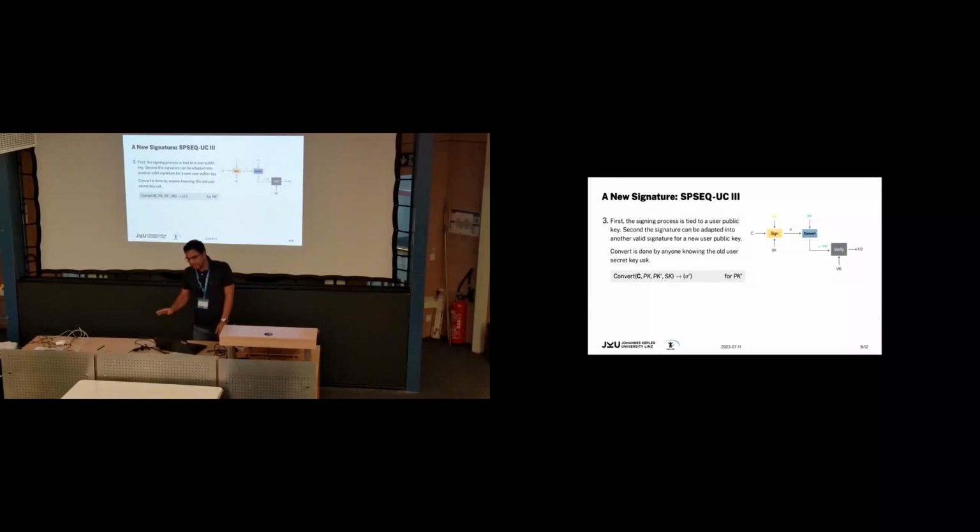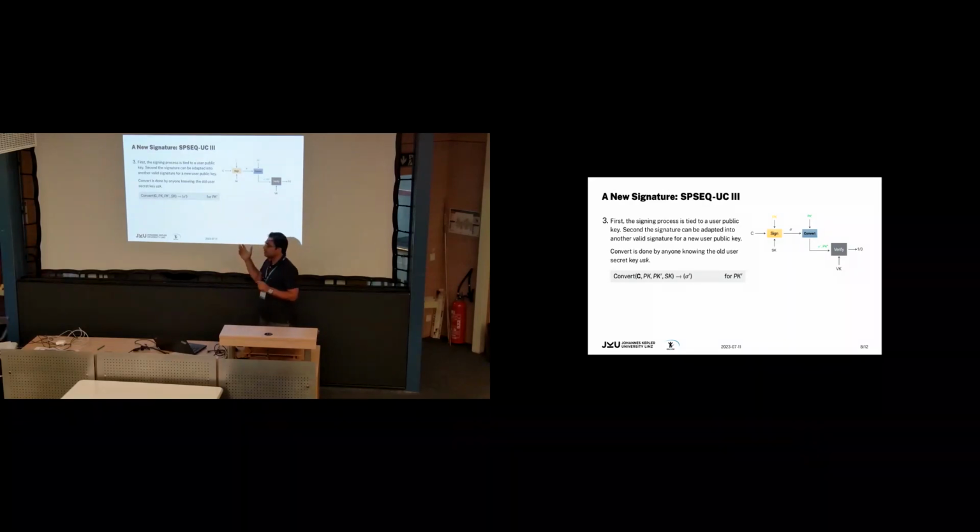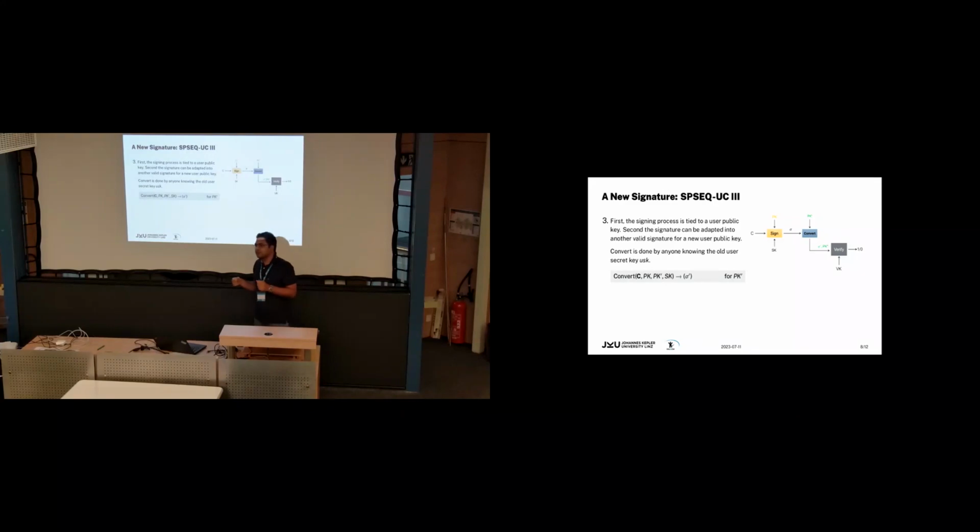The last property that we add is that the signing process is tied to a specific user public key. If you want to verify a signature now, you also need to verify the user public key. Additionally, we defined another algorithm called Convert, which can switch a user public key to a new user public key.